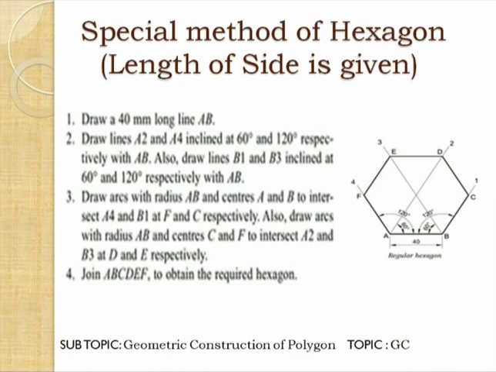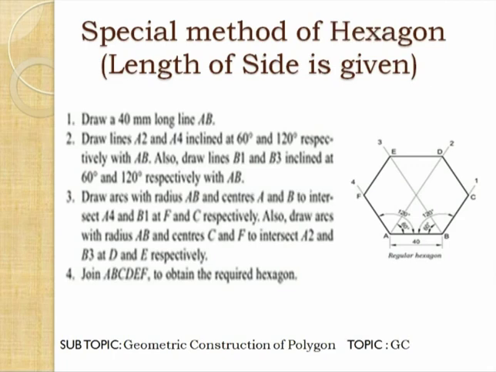So you will get point F and point C. Again, you take center F and a 40 mm arc, and you get the point E. Again you take center C and a length equal to the side of 40 mm, you draw another arc, and you get point D. You join D with E, then you will get the required hexagon.